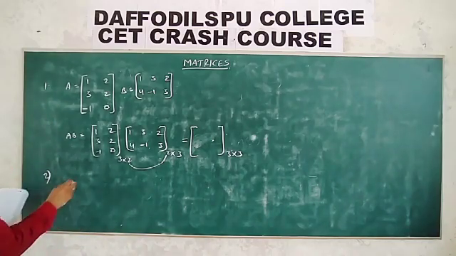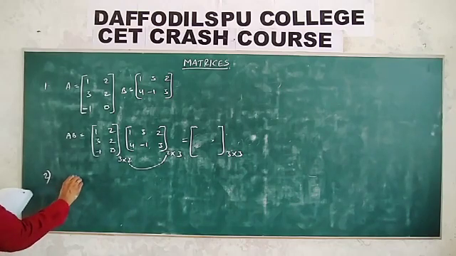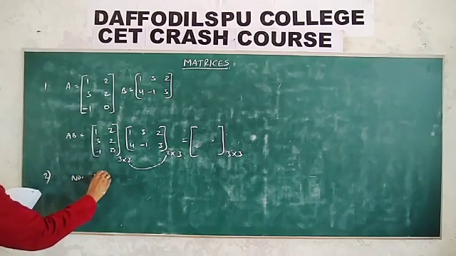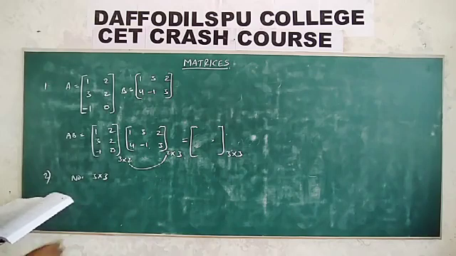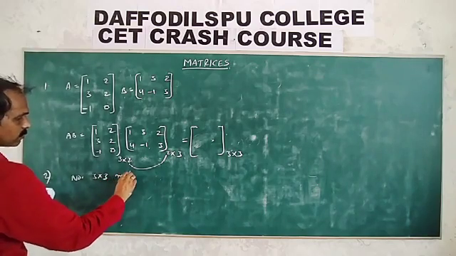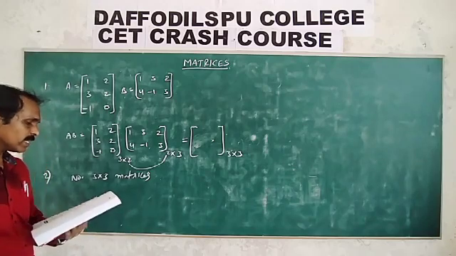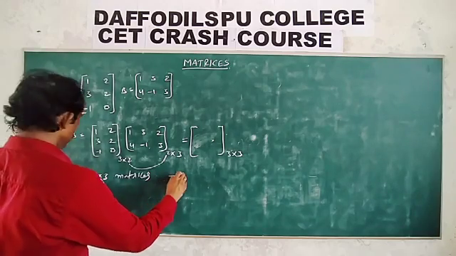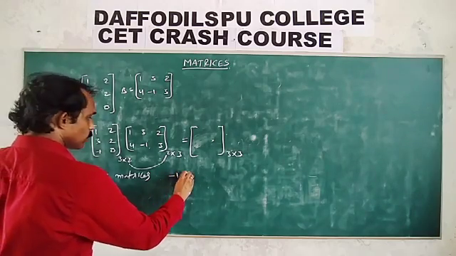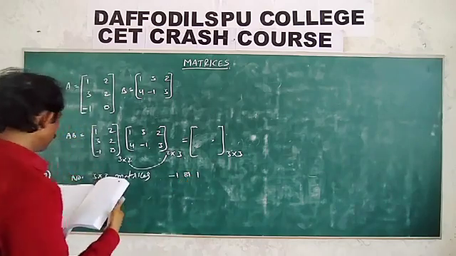Next, the second problem. Number of 3 by 3 matrices with entries -1 or 1.